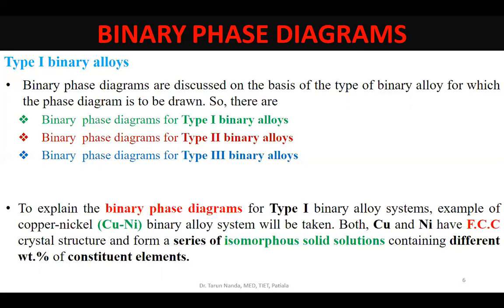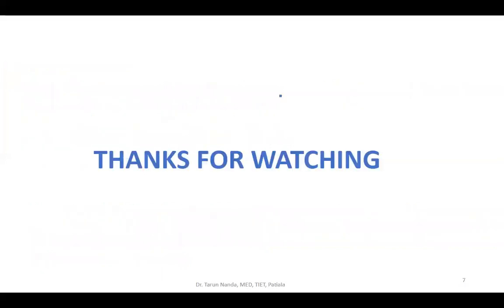So all these noble types of metals form type 1 systems with them. Now you see copper and nickel have nearly the same atomic size for their atoms. They have the same crystal structure, FCC, and they form a series of solid solutions, and they form type 1 systems.